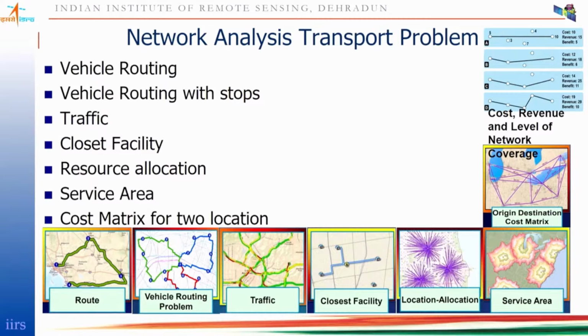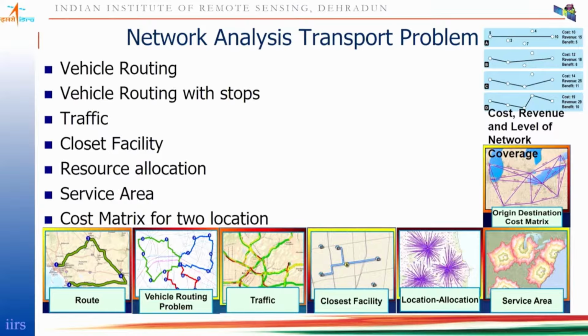In those cases, service areas can be identified. You can also find service area gaps. If somebody is claiming to deliver certain services in 10 minutes, but certain portions are left out which are beyond 10 minutes, in those cases you can look for new centers that can be created. So this helps you identify those gaps.